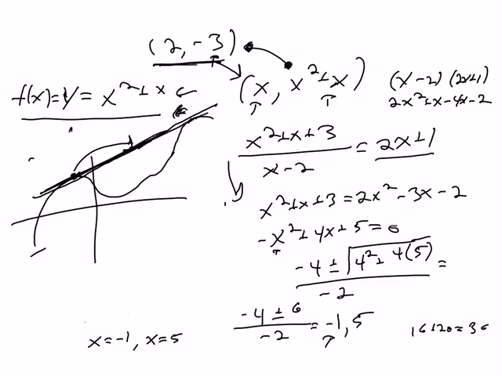For the next part of this problem, we have the same equation, y equals x squared plus x, and it says show that there is no line through the point (2, 7) that is tangent to the parabola.